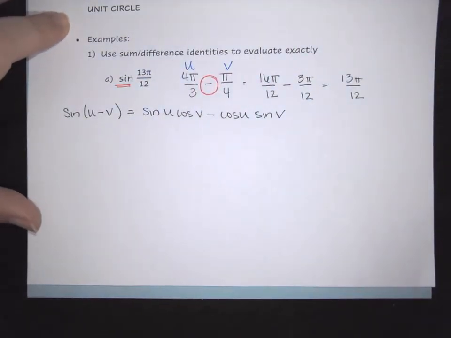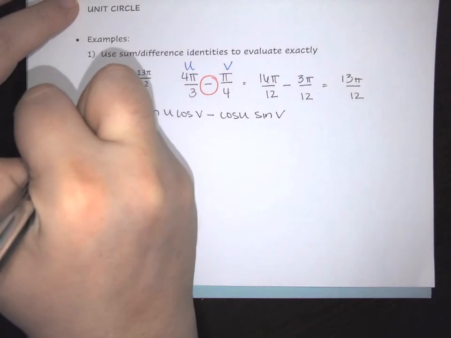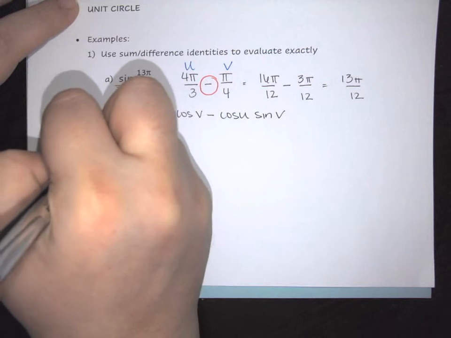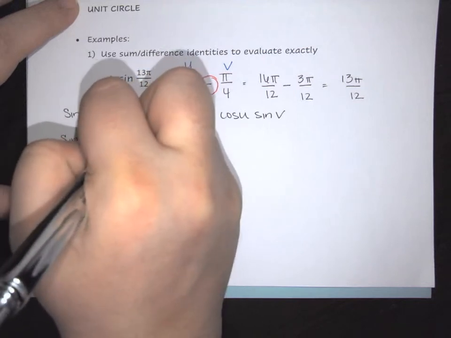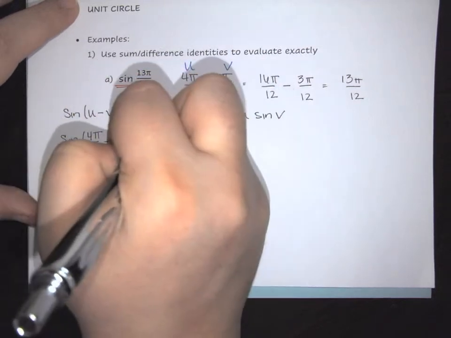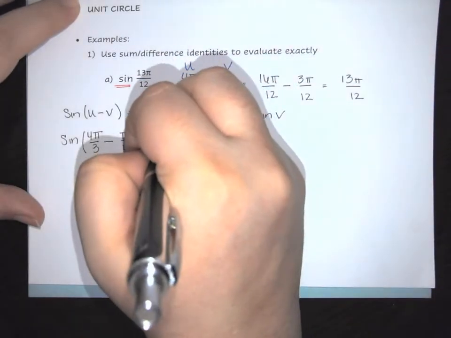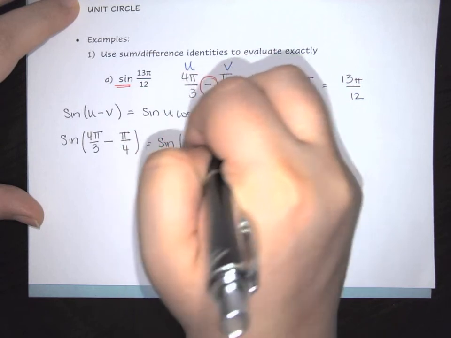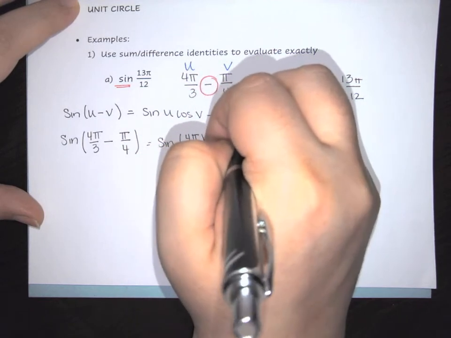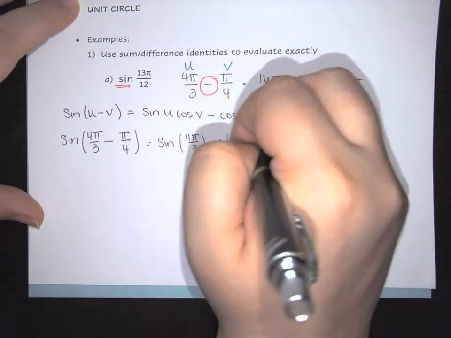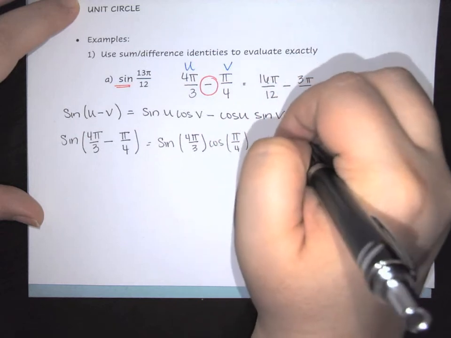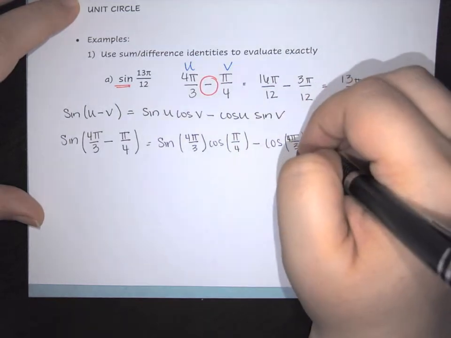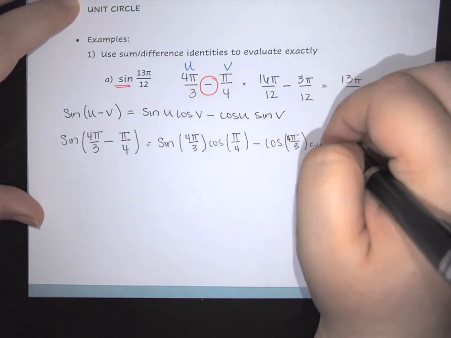So we can rewrite this to say the sine of 4 pi over 3 minus pi over 4. This is going to end up being the sine of 4 pi over 3 cosine of pi over 4 minus the cosine of 4 pi over 3 and the sine of pi over 4.